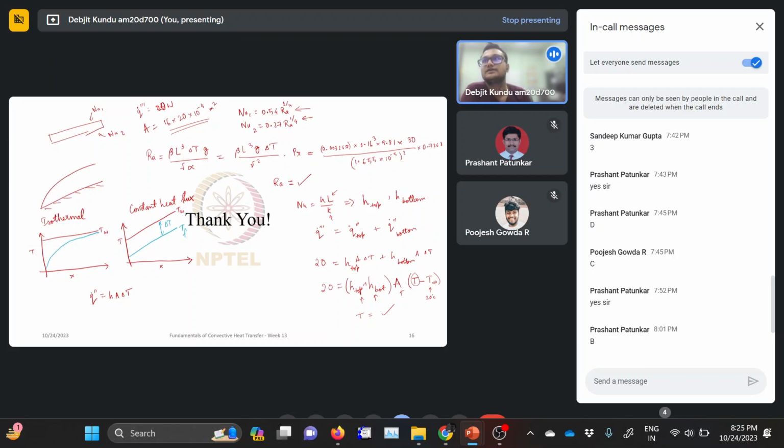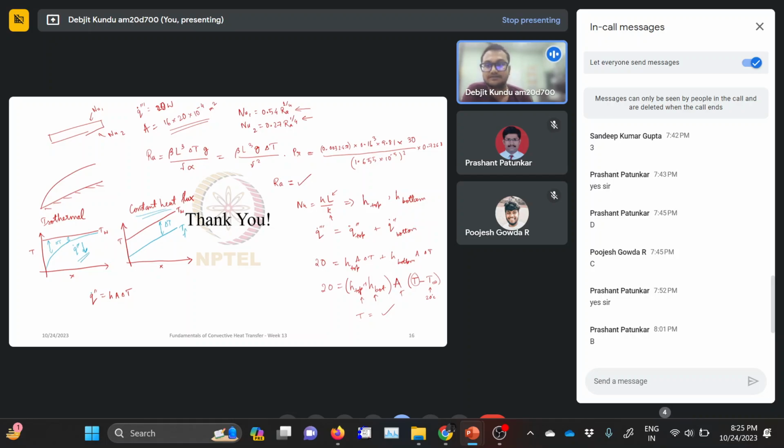That's why this has a curve like this. So delta T is high initially, and with increasing x, this goes down. As a result, this q double dash also goes down. So in similar conditions, the isothermal case has a lower heat flux than the constant heat flux case.